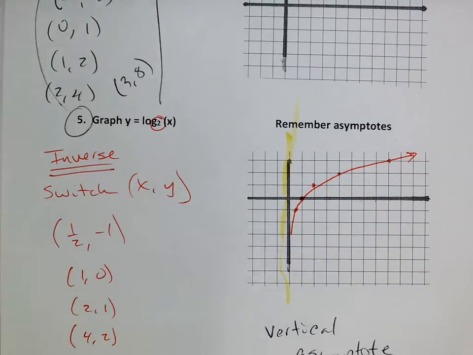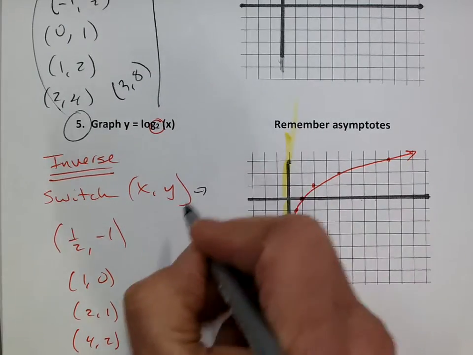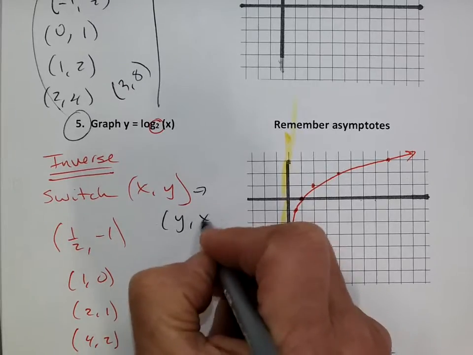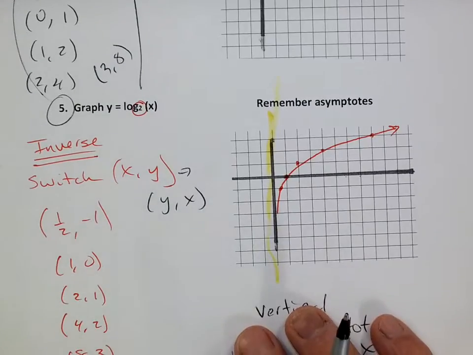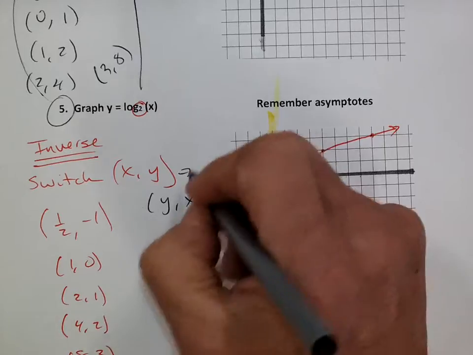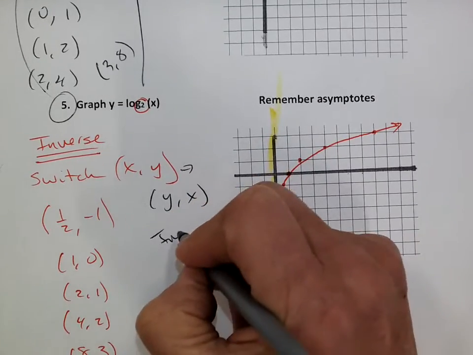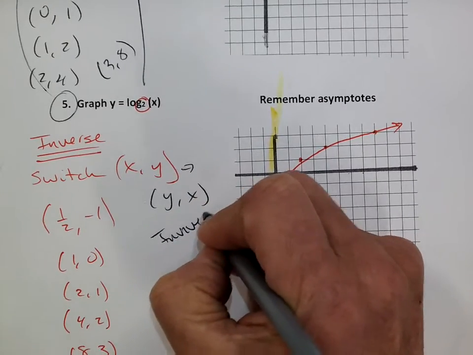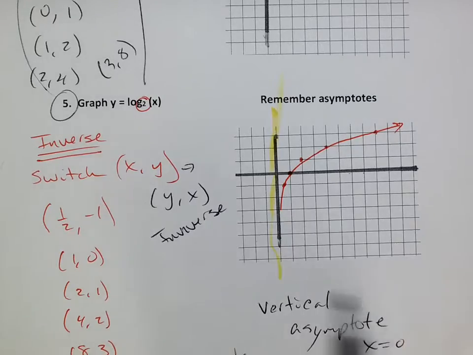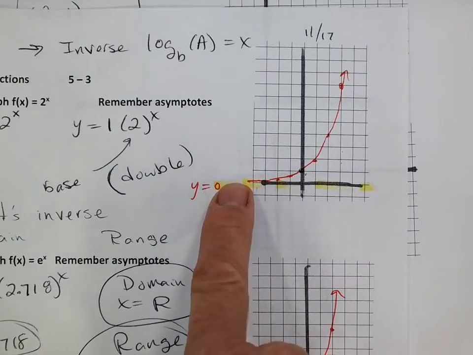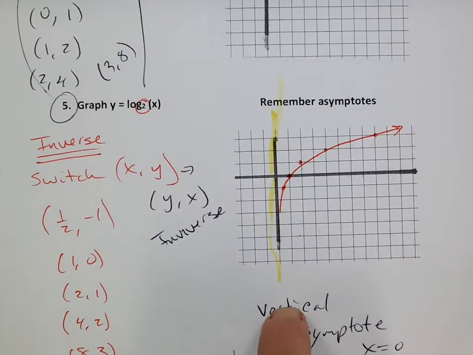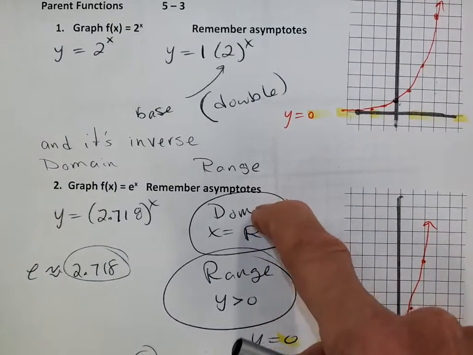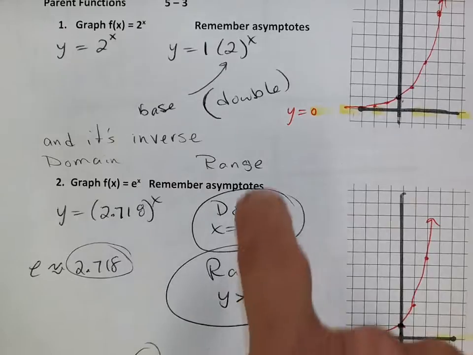Now, if it's an inverse, then x becomes y, and y becomes x. So the horizontal asymptote becomes a vertical asymptote, and the domain becomes the range, and the range becomes the domain.